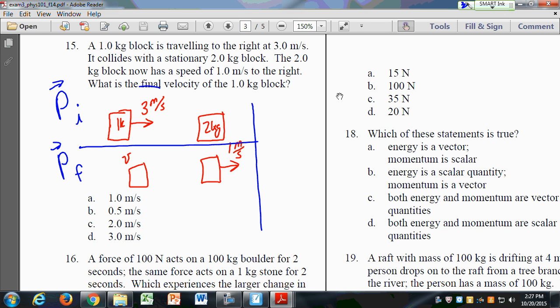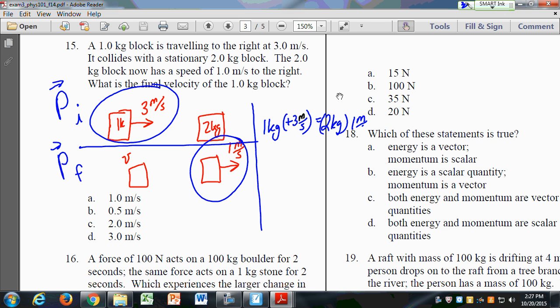So my initial momentum is just the product of these two, 1 kilogram times positive 3 meters per second. It's going to equal this 2 kilograms times 1 meter per second plus 1 kilogram times V. So I have 3 minus 2 equals V. V equals 1 meter per second.